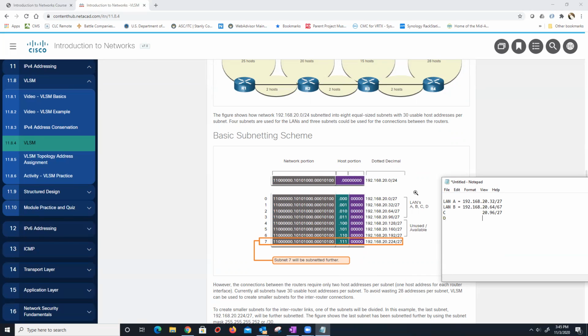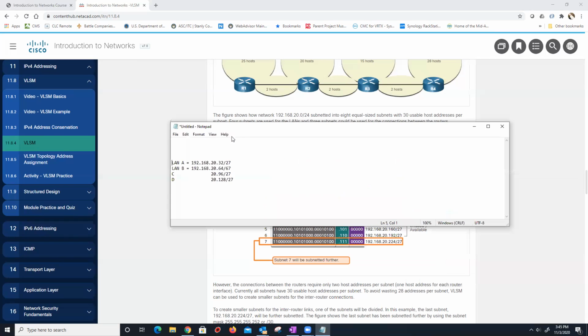And then for D, we'll take 20.128 /27. Now you notice I didn't use the first subnet. I did not touch this network that we'd already pulled, 192.168.20.0 /27. And the reason I didn't is because I'm going to go ahead and subnet it again.